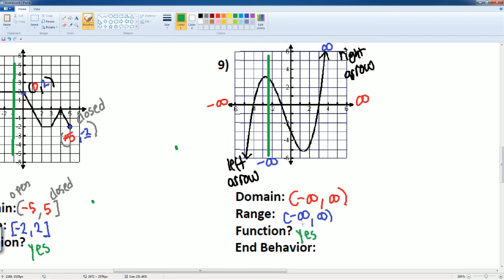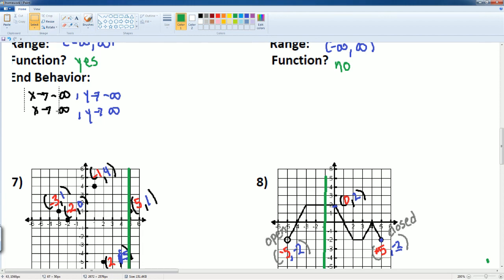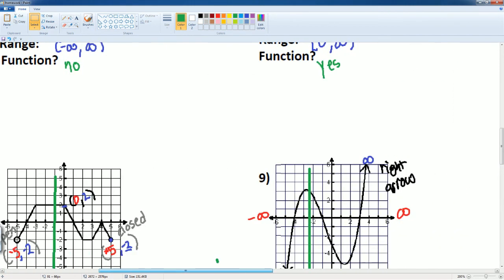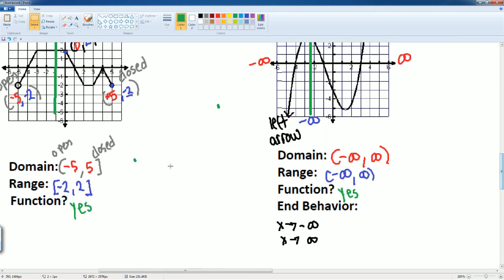And then your end behavior. Let me just grab the template for the end behavior from the other problems. This is the same. You always have this. So the first one, x goes to -infinity. This is referred to as your left arrow.